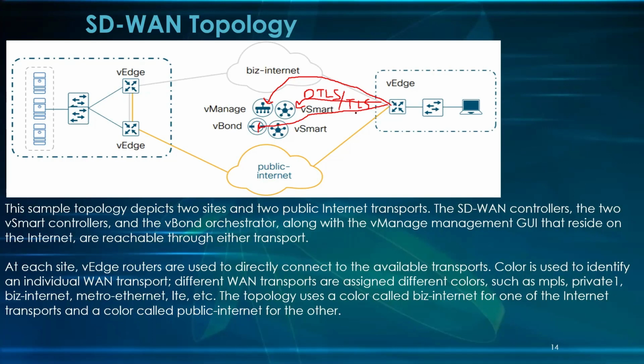Connecting back on this one, so far you understand that we form the secure tunnel from the vEdge to the controllers. Now, what we additionally run is that each vEdge will have an IPsec tunnel from one vEdge to the other vEdge.